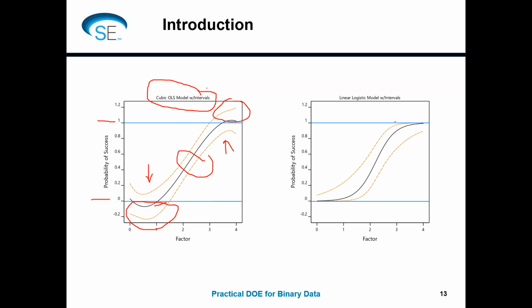If I look back at the logistic model and put the confidence bands on there, notice how, first of all, everything makes sense mathematically. Everything is between 0 and 1. But notice how this model is telling me that I have the most certainty at the endpoints, and the least amount of certainty in the middle.